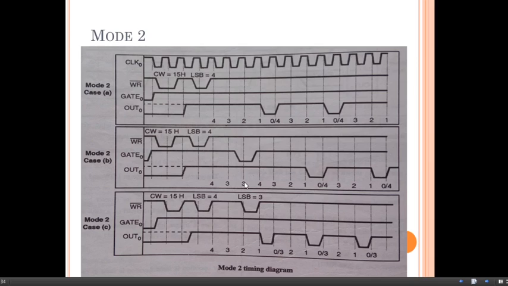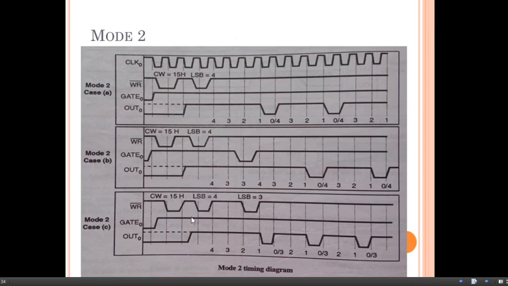The counter is now at 3, and once the gate becomes high, the counter will restart the counting. So 4, 3, 2, 1. Once it reaches 1, again the counter output will be made low for 1 clock cycle period, and once the counter reaches 0, it will be made high again and the counting will restart like this. Okay, so this is the gate disabled operation for mode 2.